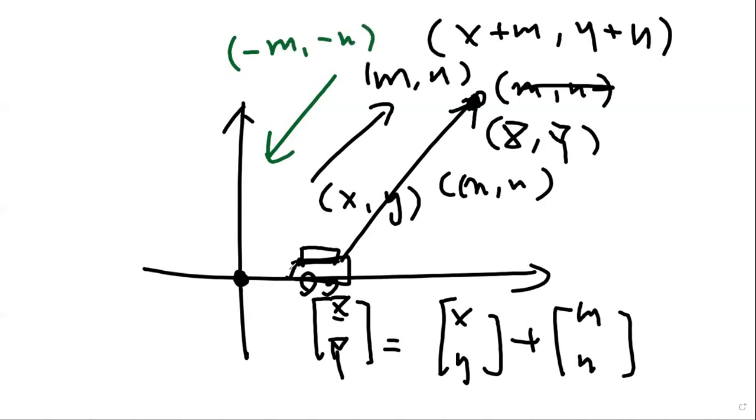Mathematically these two are equivalent. So that's linear translation. For linear translation, vector addition and subtraction would be good enough.